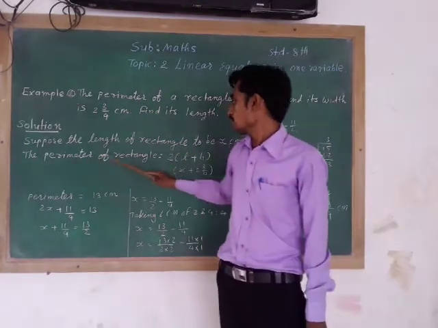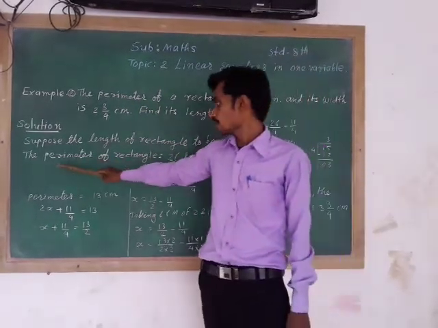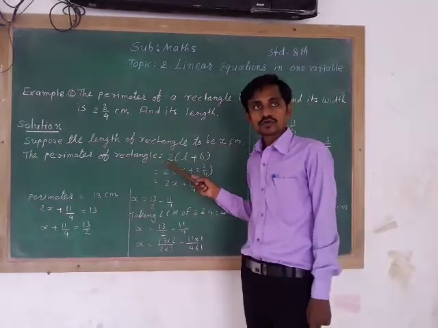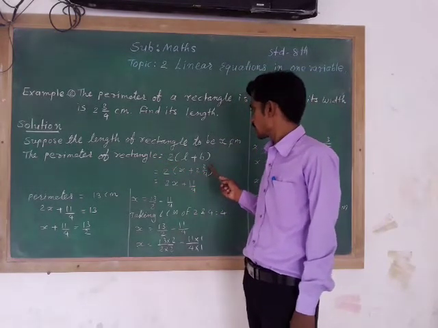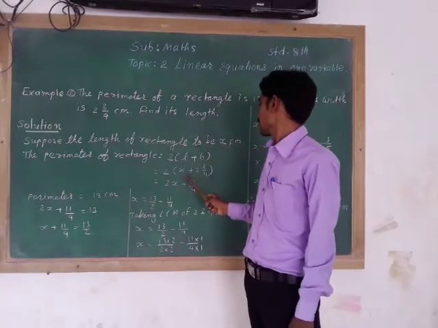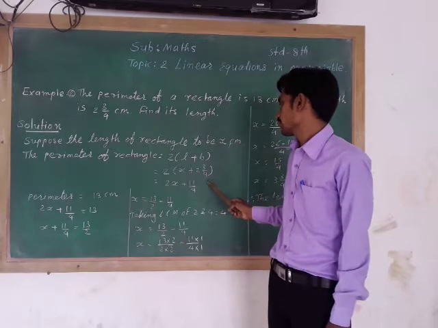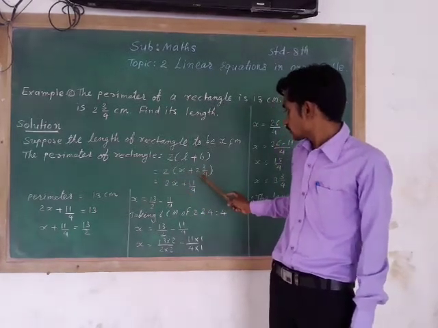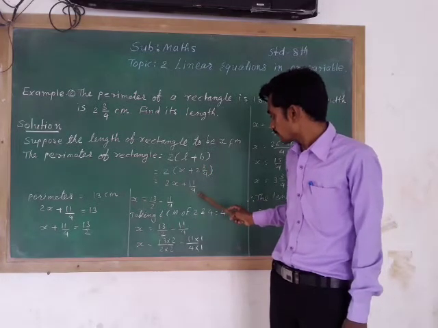So what is the formula of the perimeter of a rectangle? Perimeter of rectangle is equal to 2 in bracket l plus b. Okay, so 2 times x, plus 2 integer 3 by 4. So 2 multiplied by 2 is 4, 4 twos are 8, plus 3 is 11 by 4.